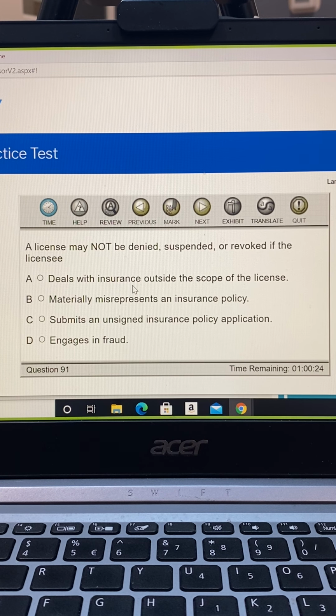A license may not be denied, suspended, or revoked if the licensee submits an unsigned insurance policy application.